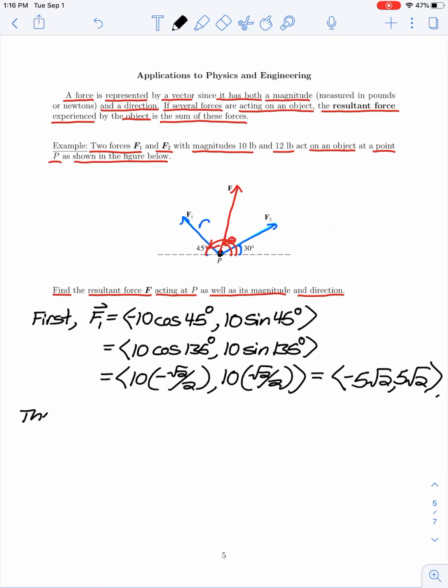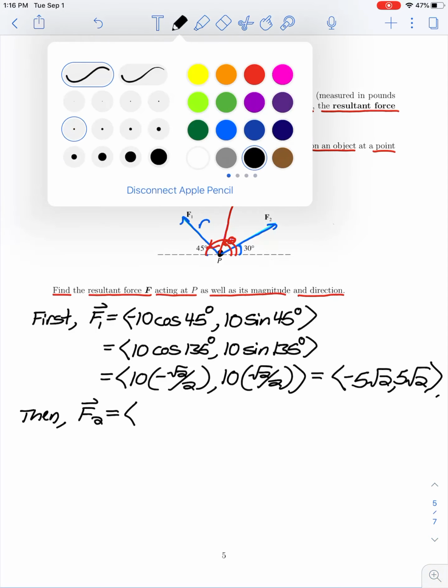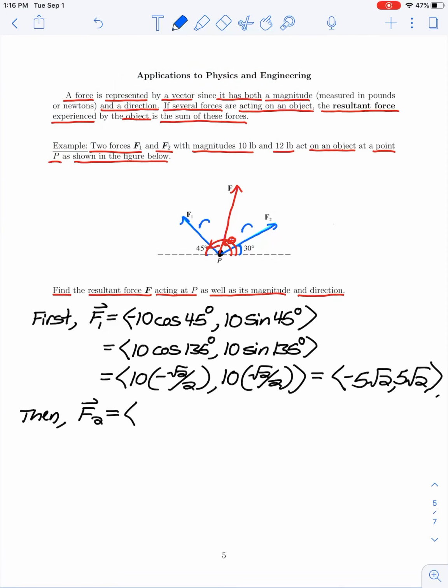Now the next thing we need to find is the components of the force F2. Now we're told that the magnitude of that force, which we would call R, is 12 pounds, and it's acting in a direction which is determined by rotating 30 degrees counterclockwise from the horizontal.